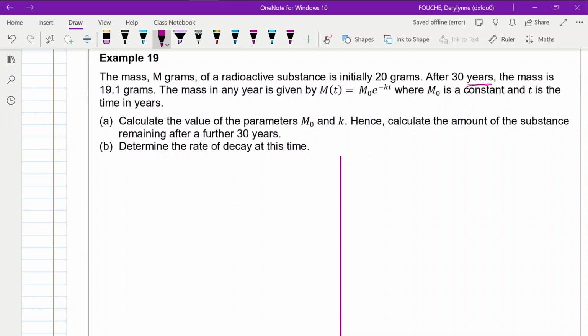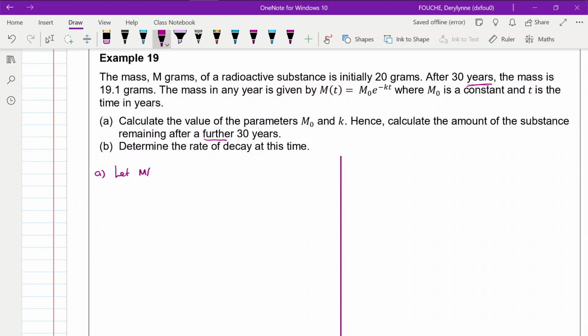Now the first thing they want us to do is to calculate the value of the parameters m0 and k, and then hence calculate the amount of the substance remaining after a further 30 years. Alright, let's first define our variables, because in these sort of questions that's what we're expected to do.